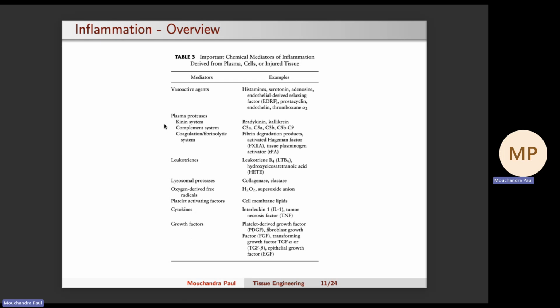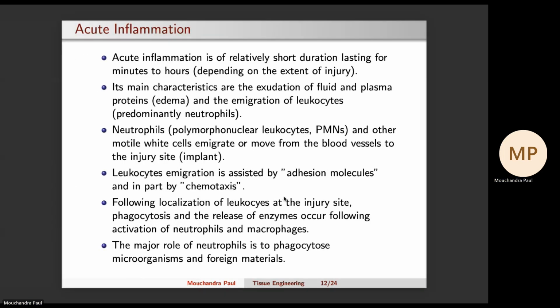So you just go through this list. If you have ever come across any of these names and seen their usage elsewhere, you will be able to better understand what these chemicals are doing in this course of action. But I just wanted to bring to your attention that these are the chemical mediators that mediate the inflammation process.